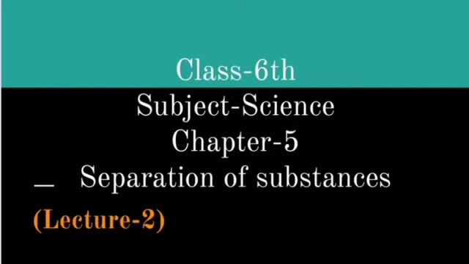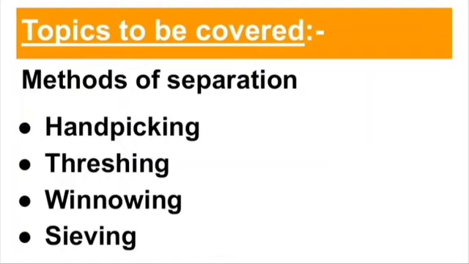We were studying chapter number 5, that is separation of substances. It is your lecture number 2. The topics to be covered in this lecture are methods of separation, and we will study 4 methods of separation in this lecture.